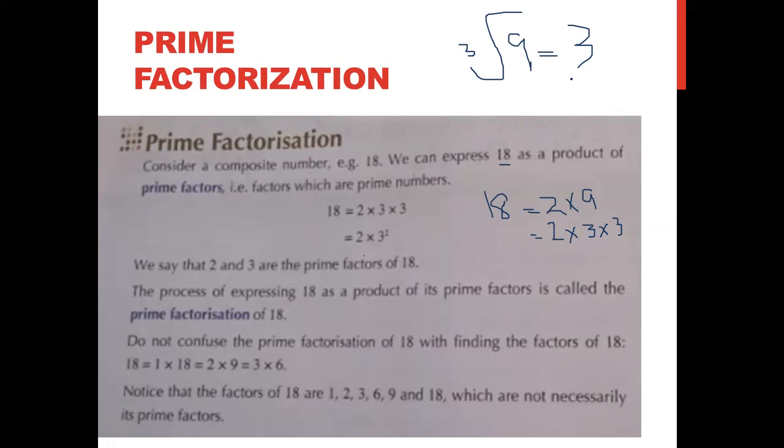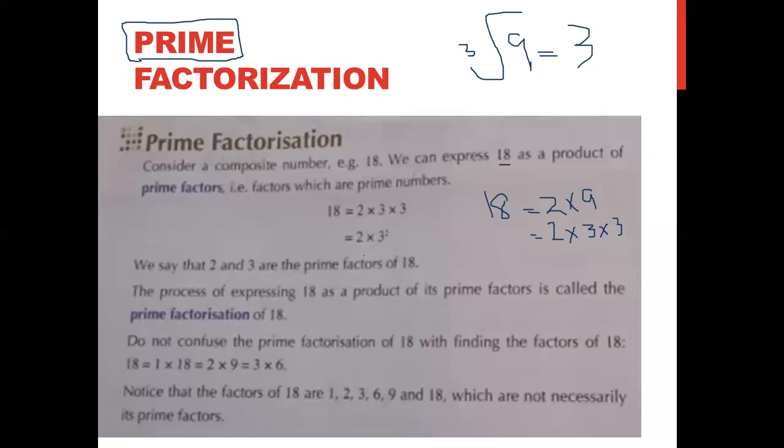We often confuse prime factorization with normal factorization. So we must remember what is meant by prime. Prime numbers, as we learned, have only the factors 1 and itself.